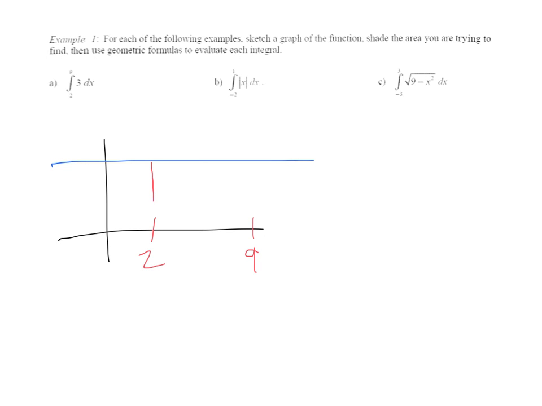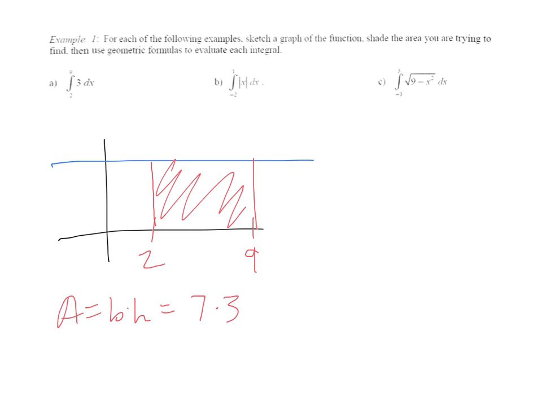So we're trying to find this area. It happens to be a nice rectangle. And our base of that rectangle is a length of 7. The height is 3 because it's a consistent y value there. And so in the end, this question would get us 21.